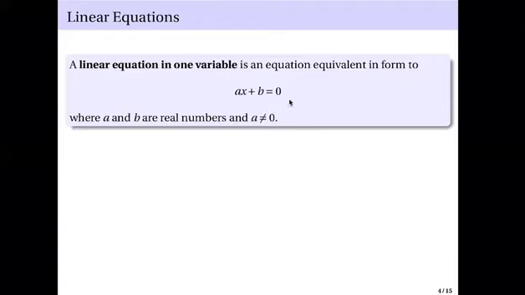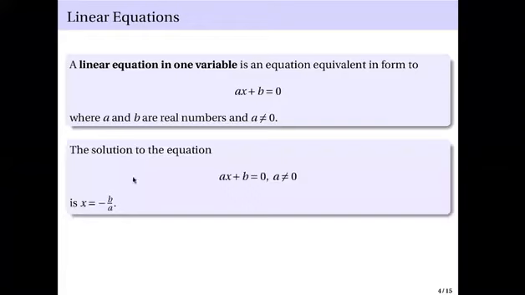Now, suppose we are able to write the linear equation in this form. The question is, how do we solve this linear equation? Well, the solution to the equation ax plus b equals 0, where a is not equal to 0, is x equals negative b over a.